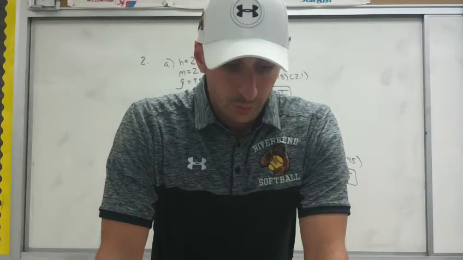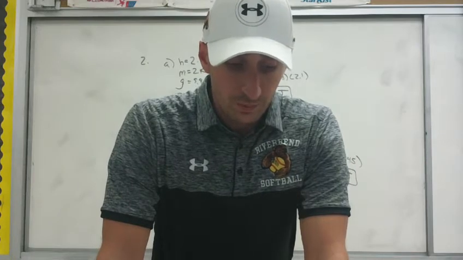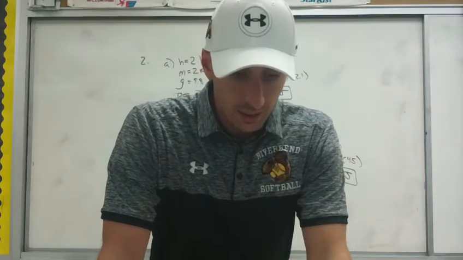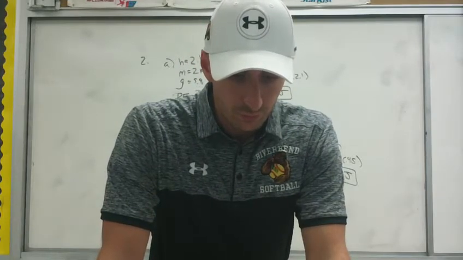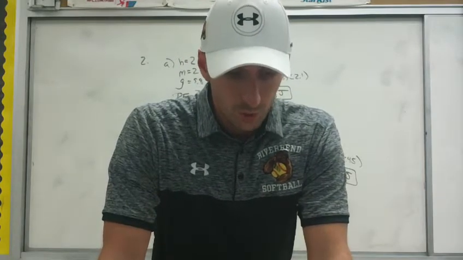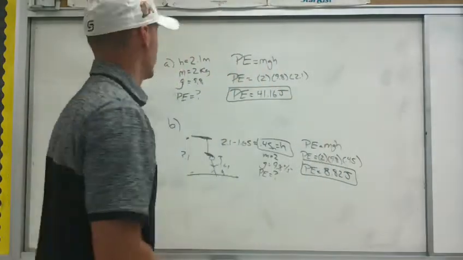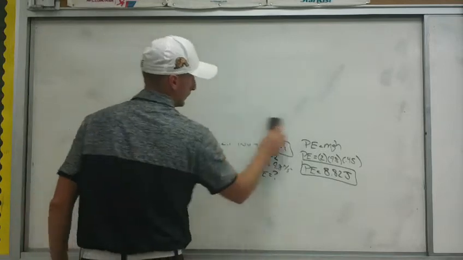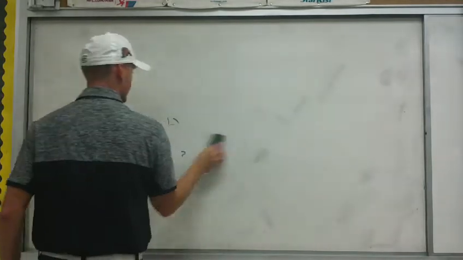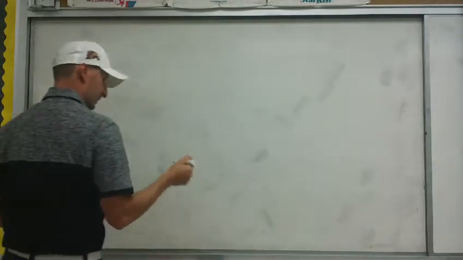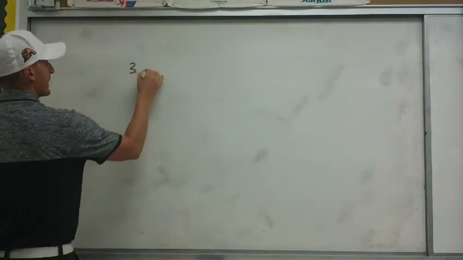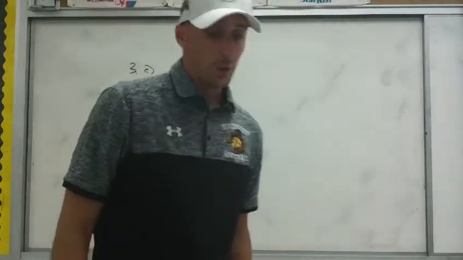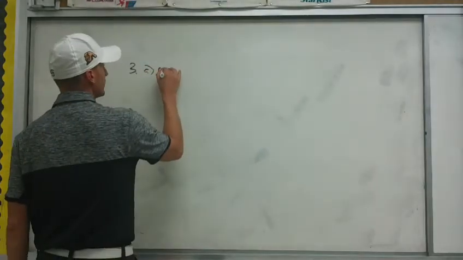All right, number 3, a 0.6 kilogram particle has a speed of 2 meters per second at point A and kinetic energy of 7.5 joules at point B. What is the kinetic energy at point A? Well, we know the mass is 0.6.